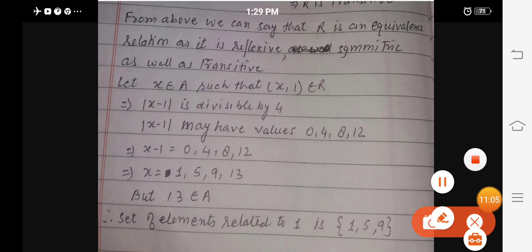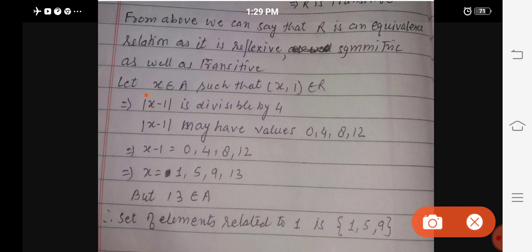Now come to the next half of the question, in which you are asked to find the set of the elements related to 1. So here we take x belonging to A such that (x, 1) belongs to R. So (x, 1) belongs to R means mod of x minus 1 is divisible by 4. That is, mod of x minus 1 is a multiple of 4.